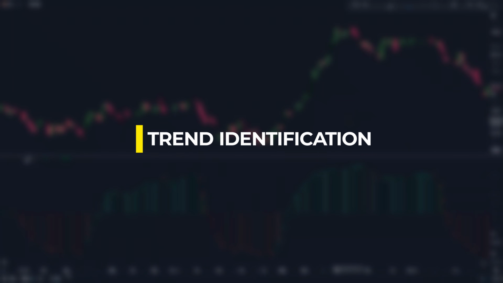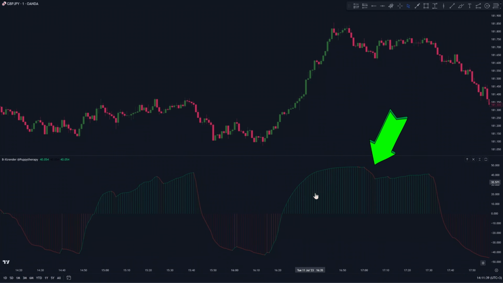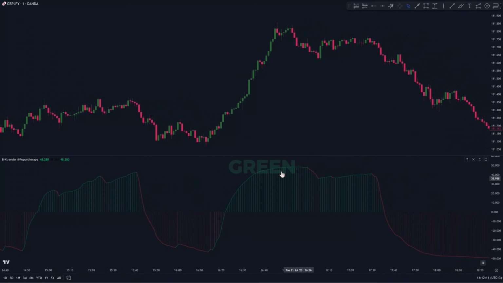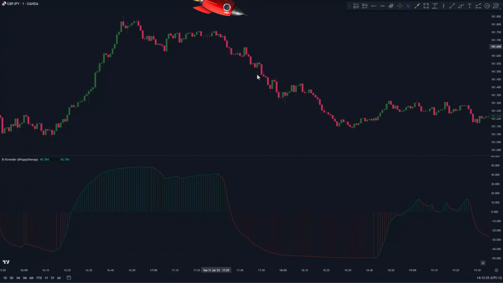Third, trend identification. This function is gonna be carried out by the B-Xtrender Trendline and Histogram. As previously mentioned, the line above the histogram represents the B-Xtrender Trendline, while the histogram itself represents the B-Xtrender Trend Histogram. When they both display a green color, that indicates a bullish trend, and when they turn red, that indicates a bearish trend.